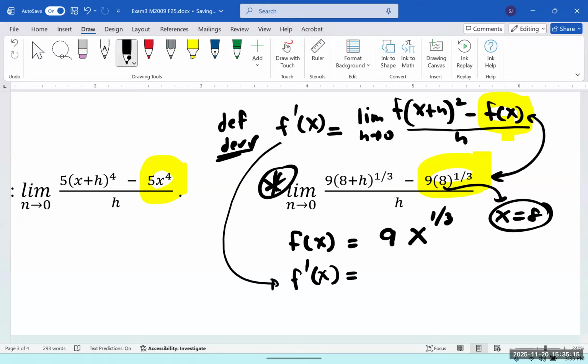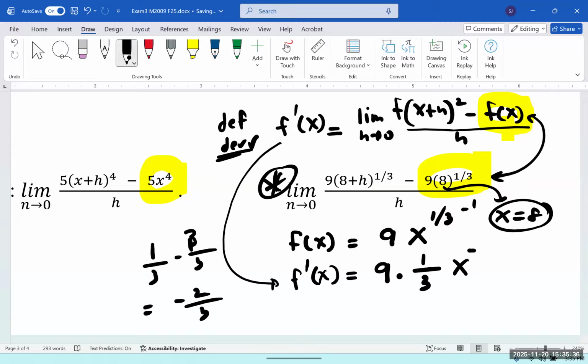So you keep your 9, 1/3 comes down, and then 1/3 minus 1. So this is 3 over 3. You get negative 2/3.